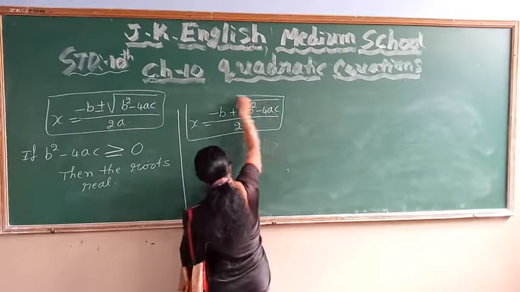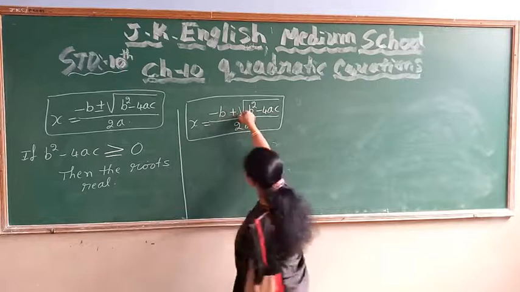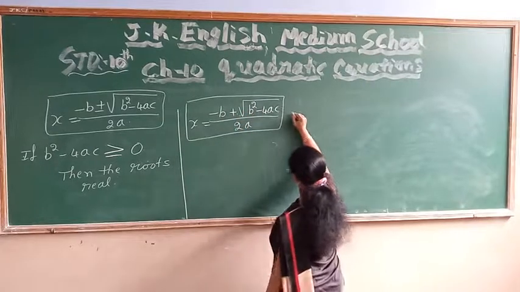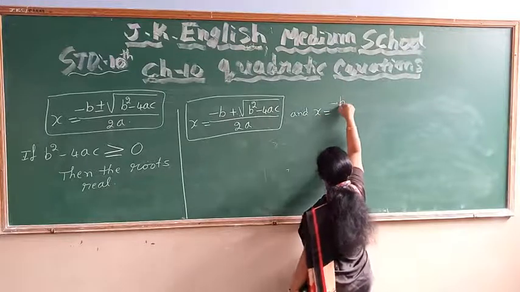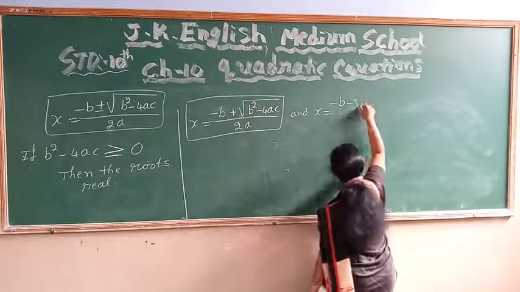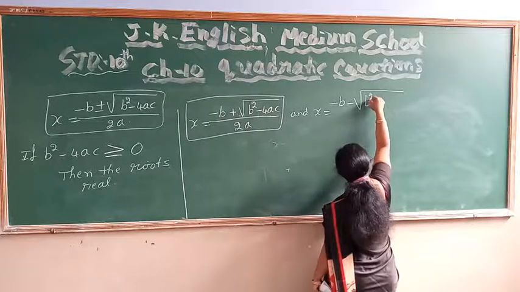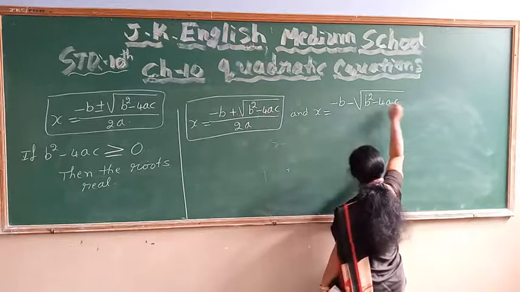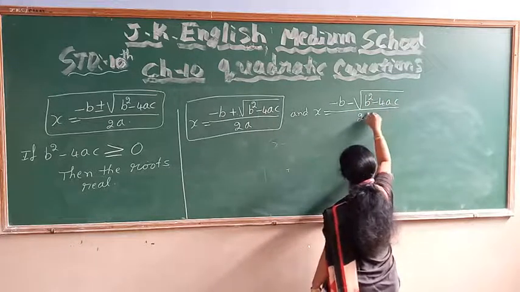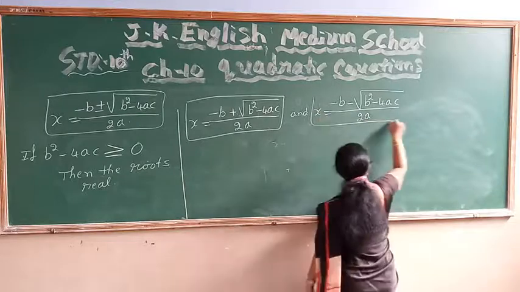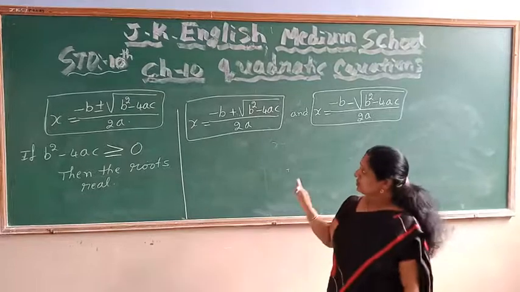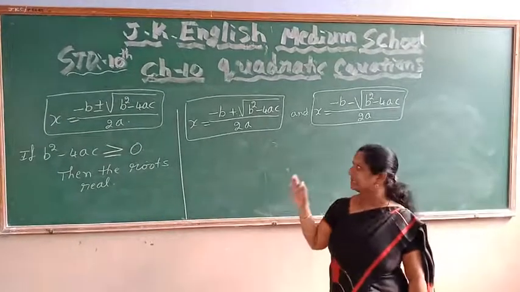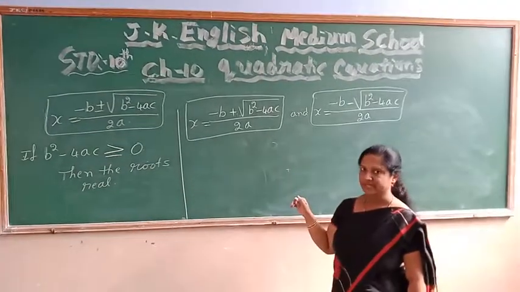By applying the plus sign here, and if I apply a minus sign, another root becomes x is equal to minus b minus square root of b square minus 4ac divided by 2a. So this is another root. A quadratic equation will always have two roots. So once we have to use the plus sign and once the minus sign.